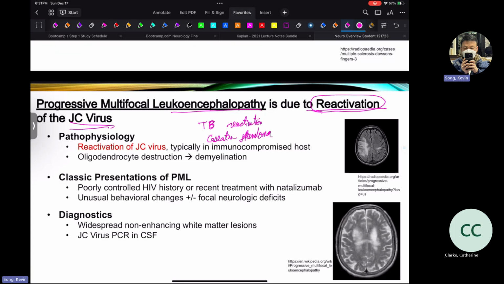So caseating granuloma simply means that when the TB comes in, the T cell will at the beginning activate the macrophages to try to fight against the TB.